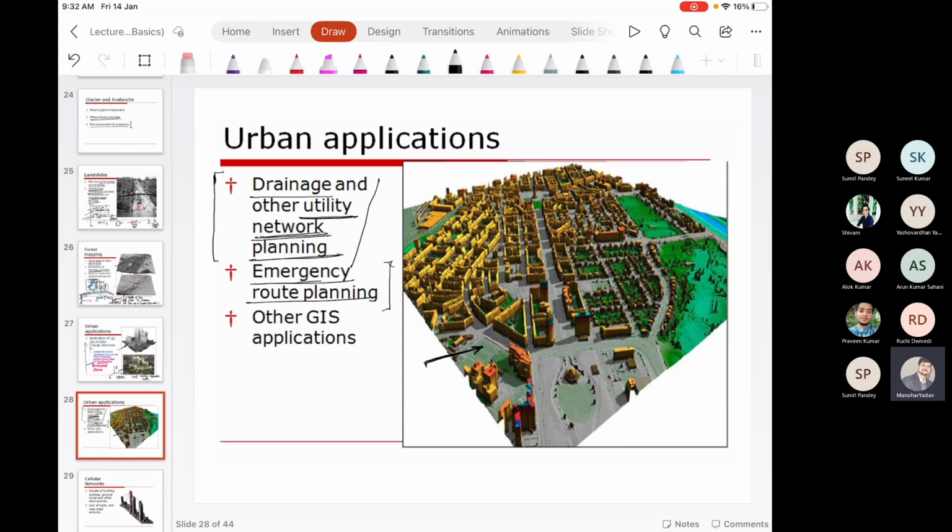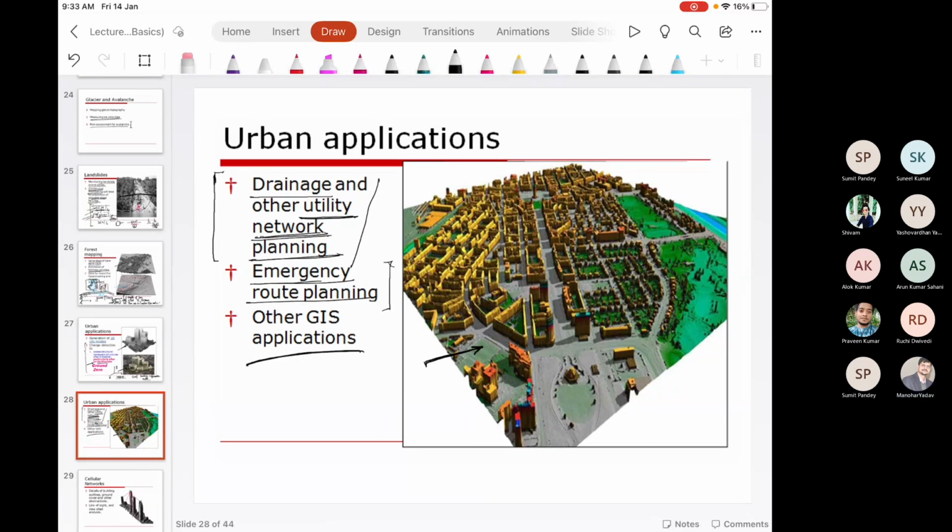And there are various GIS applications. Like you can identify roadside trees, roadside buildings, utility poles, street lights. So these are the various objects of interest.